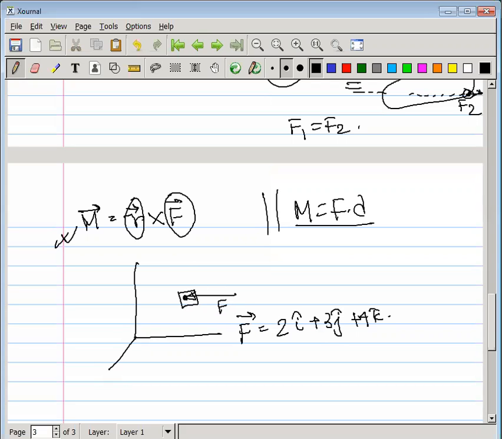And suppose this position is A, and the position of A is, along x it is 4, along y it is 3, along z it is 2, for example. That is the position of that point.